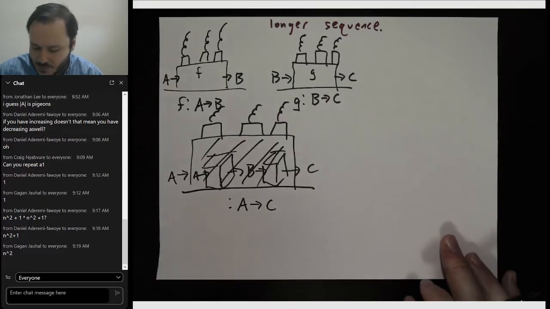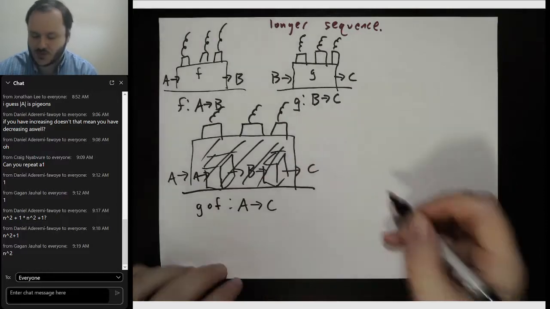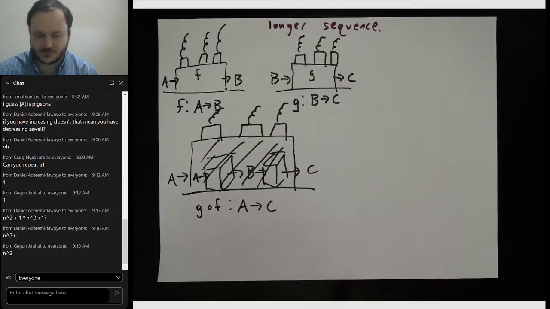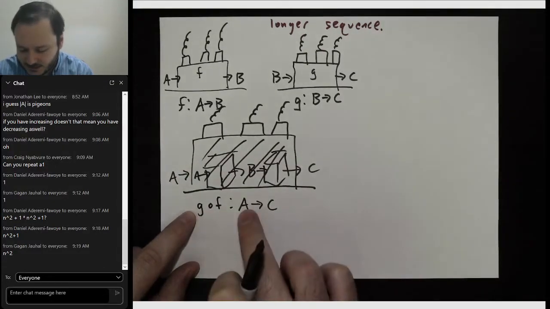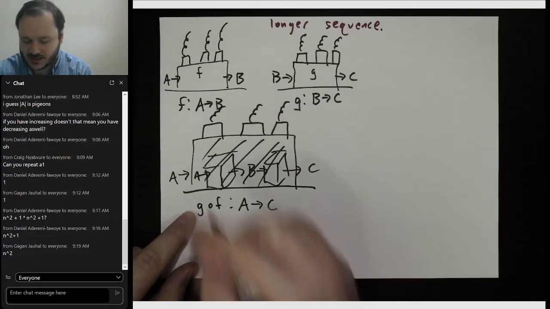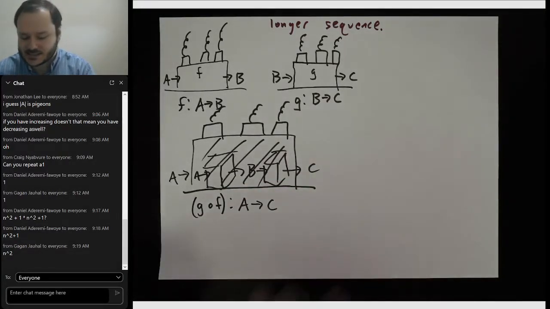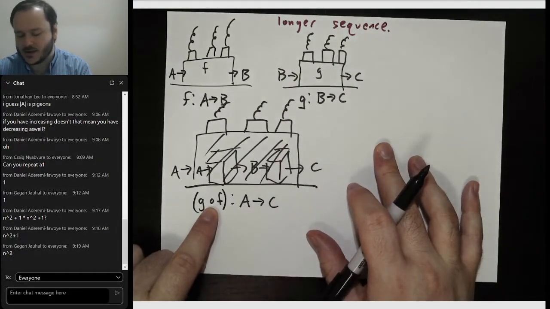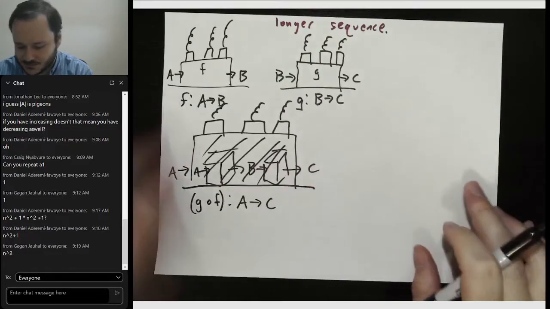And our name is G composed with F. G composed with F turns A's into C's directly. It's a brand new function. It's its own function. And it's named this in deference to where it came from, these F and G's.